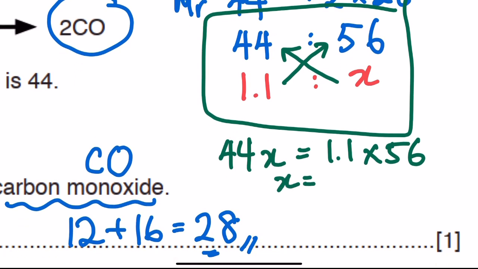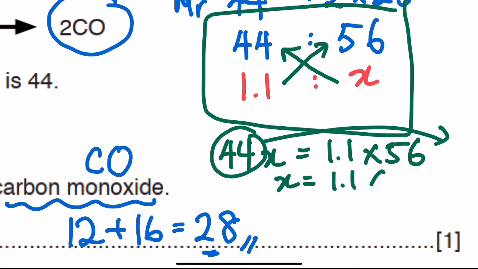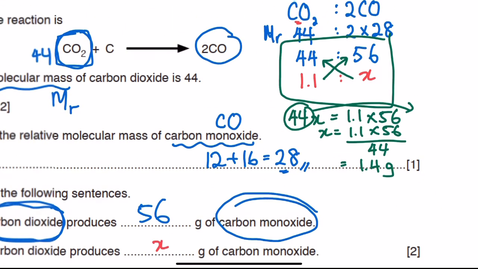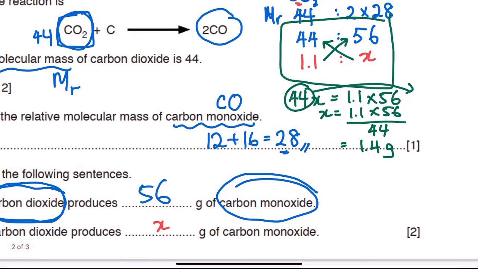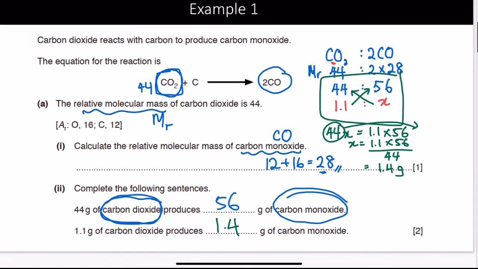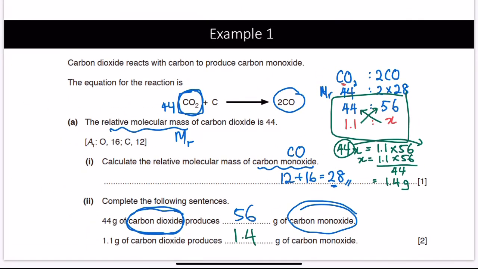So x is equal to, you need to bring 44 to the other side, becomes division, 1.1 times 56 divided by 44. Then work out the value of your calculation, then you should get 1.4 gram. So therefore, lastly, the answer for this last sentence: 1.1 gram of carbon dioxide will produce 1.4 gram of carbon monoxide. So I hope everyone can understand this explanation.